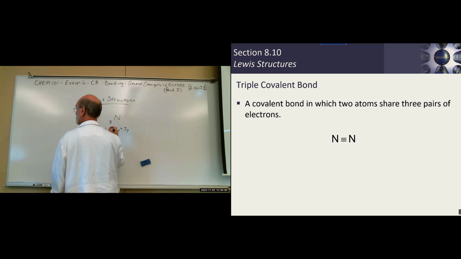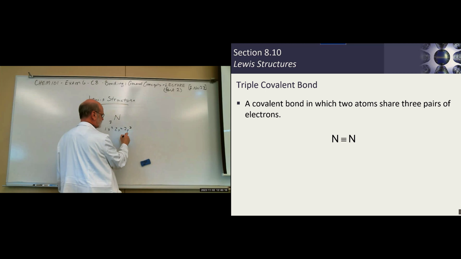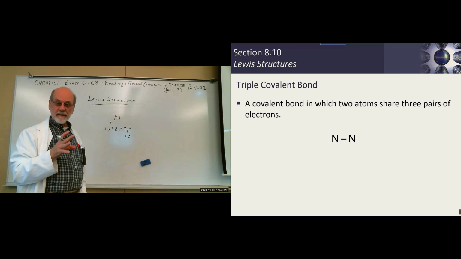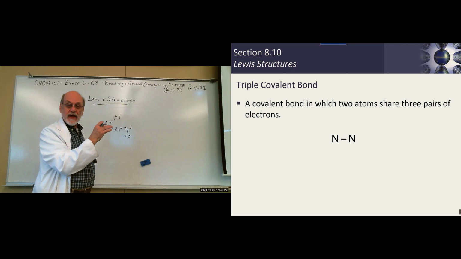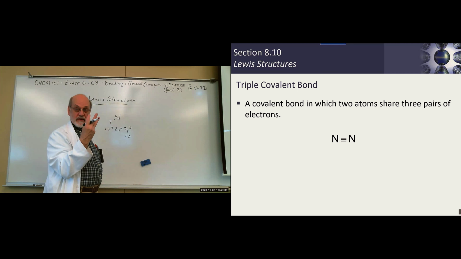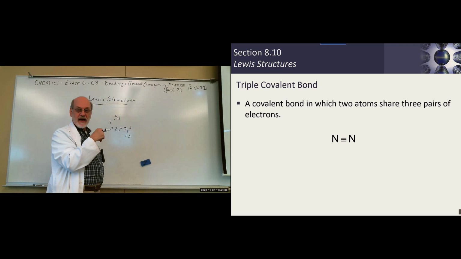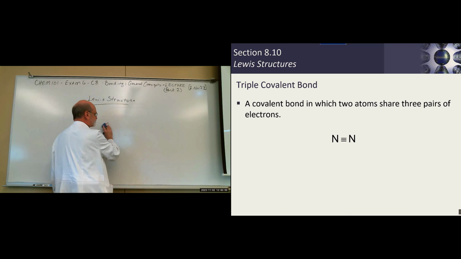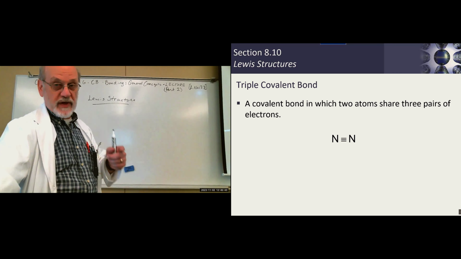Yeah, that's right. So nitrogen needs 3 more. It needs 3 more to make its octet. So one nitrogen shares its 3. The other nitrogen shares its 3. Now we have three bonds in the middle. 6 electrons, 3 from one side, 3 from the other. And it makes nitrogen look like neon again. All right. It takes a triple bond to do that.